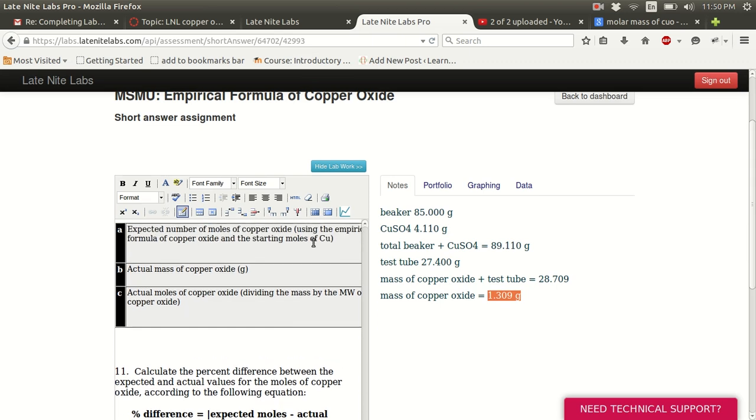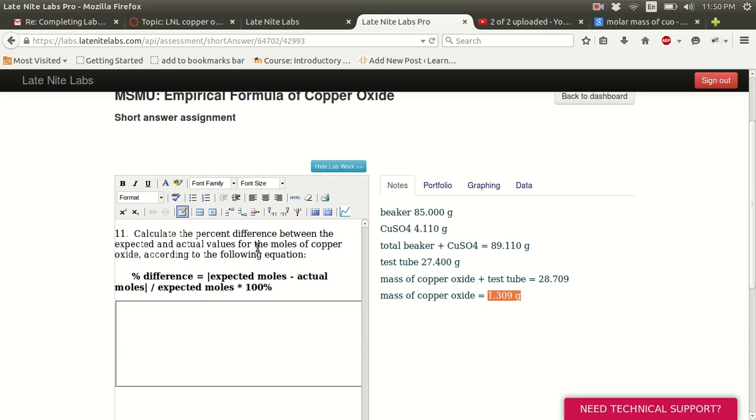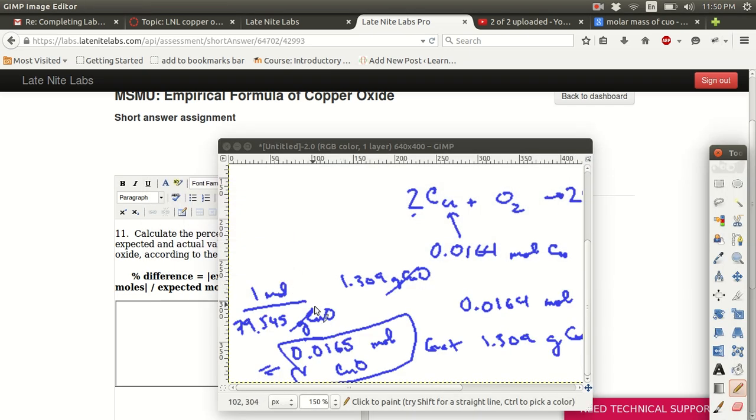So I got the actual mass, I got the actual moles. So number 11, calculate the percent difference between the expected and actual values. Let me show you how to do that. So I got 0.0165 moles. I was supposed to get 0.0164 moles.